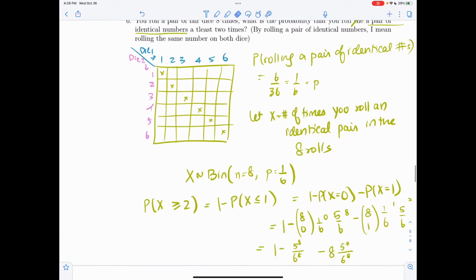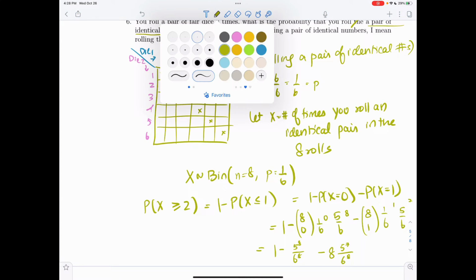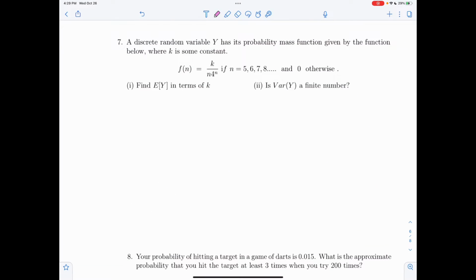All right. So on to number 7. A discrete random variable, Y, has its probability mass function given below, where k is some constant. Find the expected value of Y in terms of k, and you're asked, is the variance a finite number? Okay, so this is a discrete random variable.